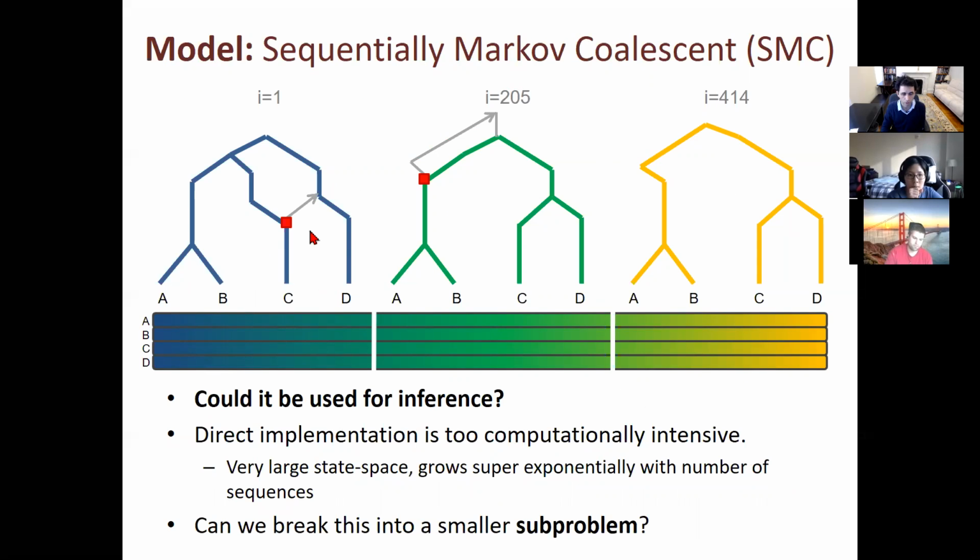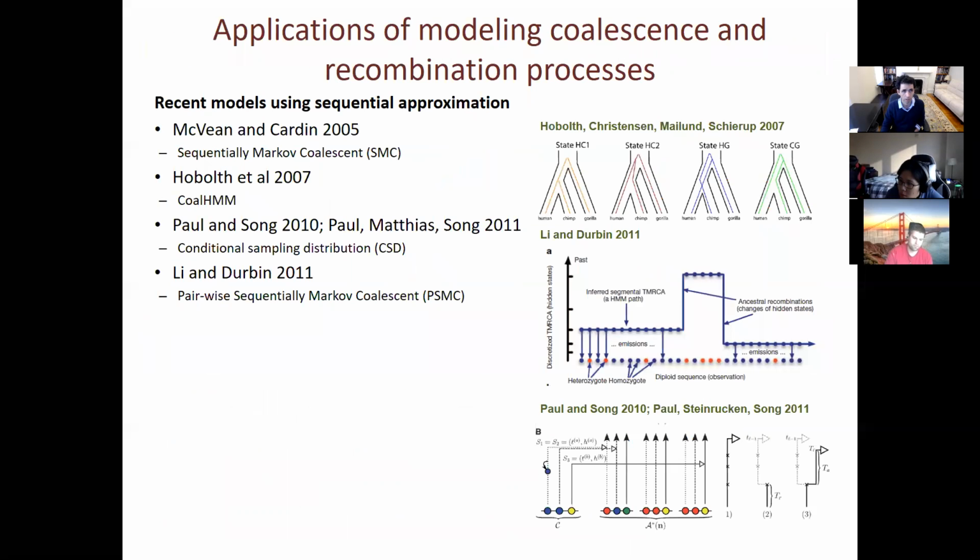So you can now use a hidden Markov model to move along the genome, knowing the state that you're in of which recombination tree you're using at every location, and then shifting from one to the other as you go from location to location, with the specific recombination event being the transition between one tree and the other tree.